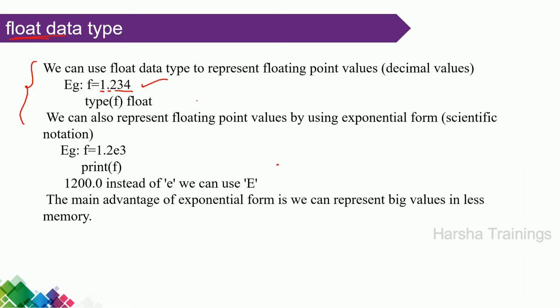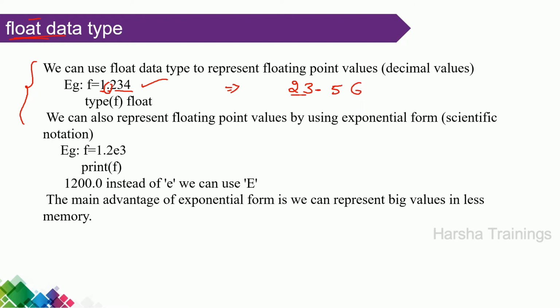For example, if you have real numbers, we have to represent them in mathematics or programming, whatever it is. So floating numbers are called real numbers. Generally, every real number must contain a decimal point. Assume 23.56 is a real number.